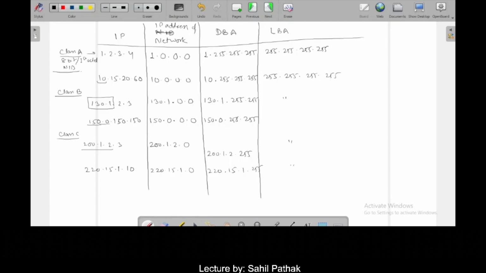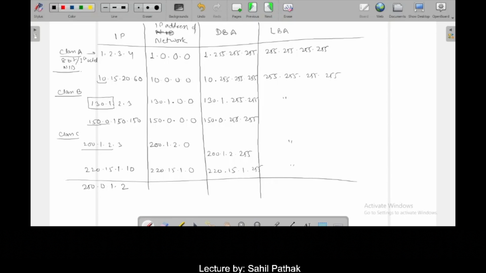In a further example, let's say we have the IP address 250.0.1.2. We have seen that the range of class C is from 192 to 223. So 250 is out of the range of class C, and it comes under class D, which is not for this purpose.